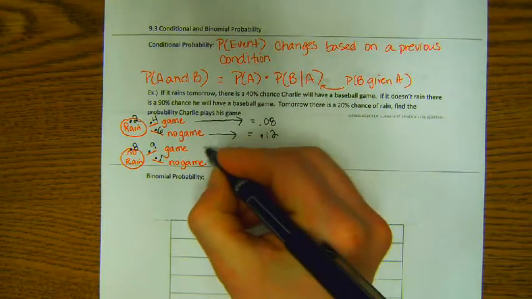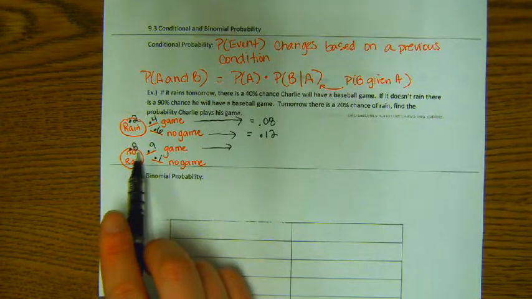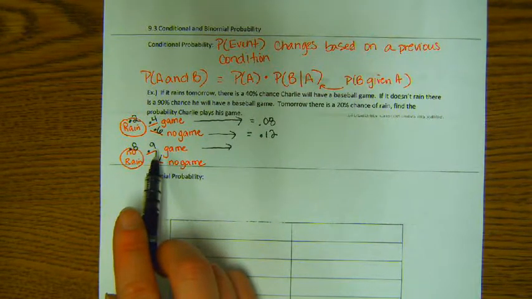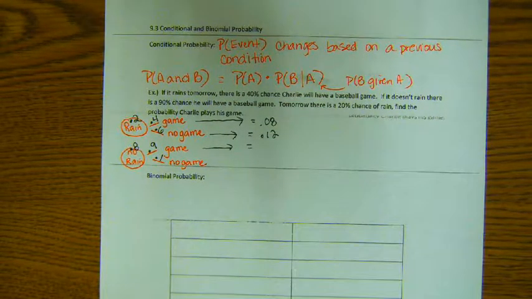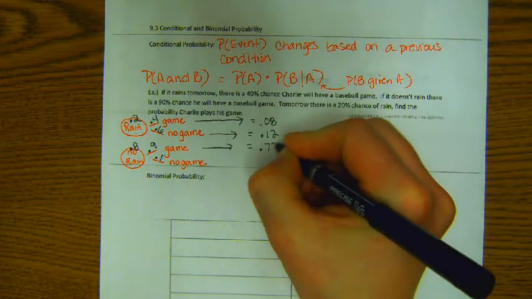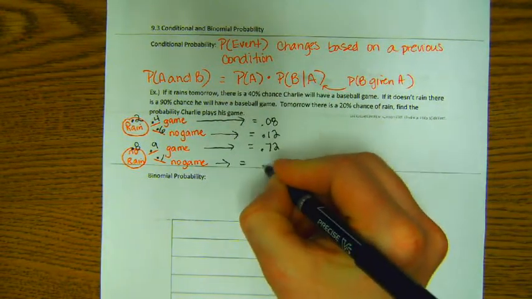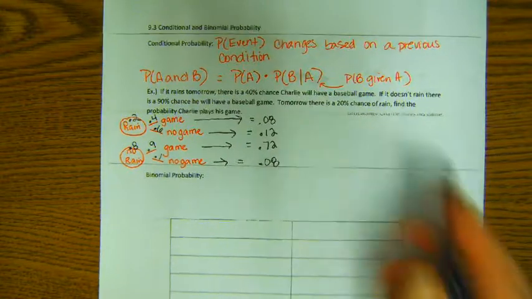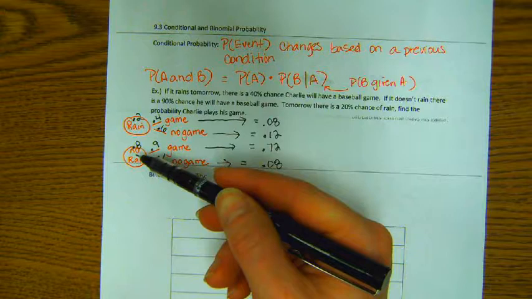But for the two conditions, no rain and a game, I'd take 0.8 times 0.9, which is 0.72, and 0.8 times 0.1, which is 0.08. Once again, 0.72 plus 0.08 adds up to that 0.8.